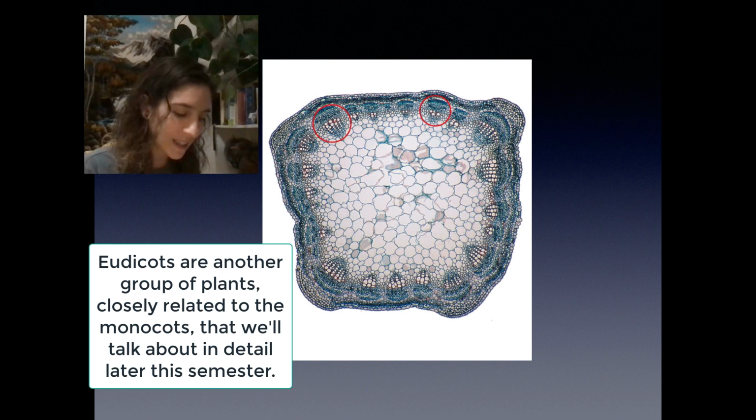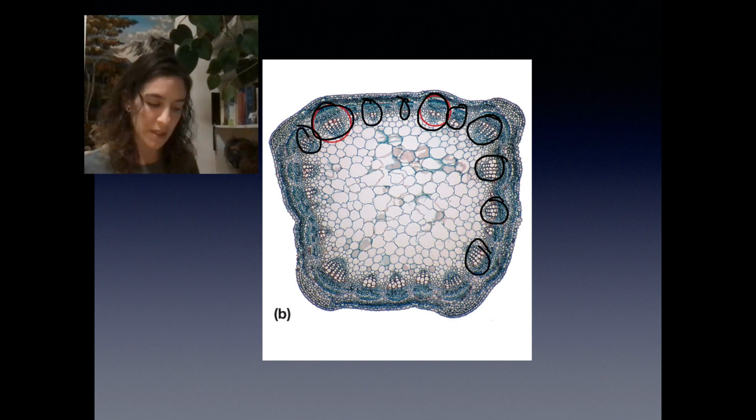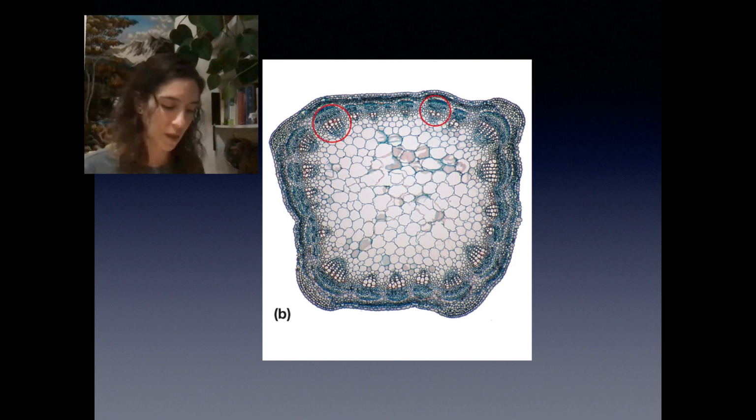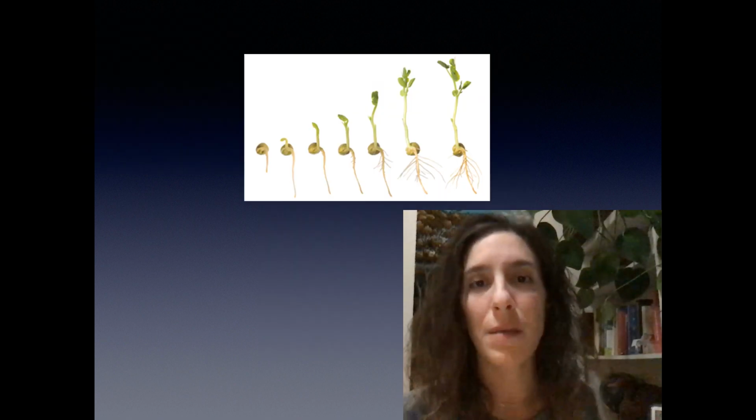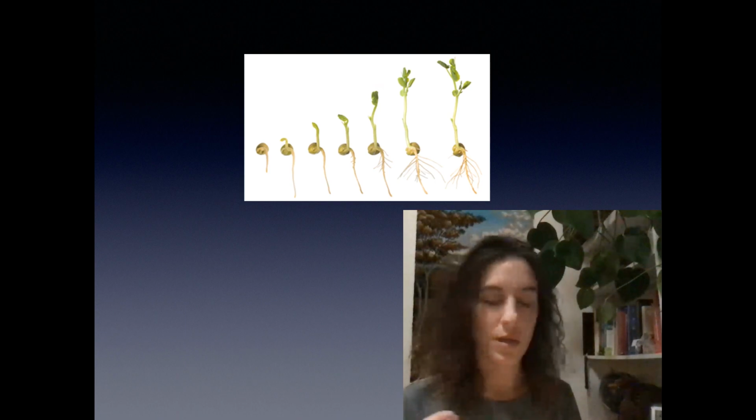Nice and neatly organized around the outside of the stem, all the way around the perimeter of the stem. The organization of this, as you'll see here in a couple of minutes, allows for some pretty interesting types of growth. So again, primary growth is the elongation of plant parts.